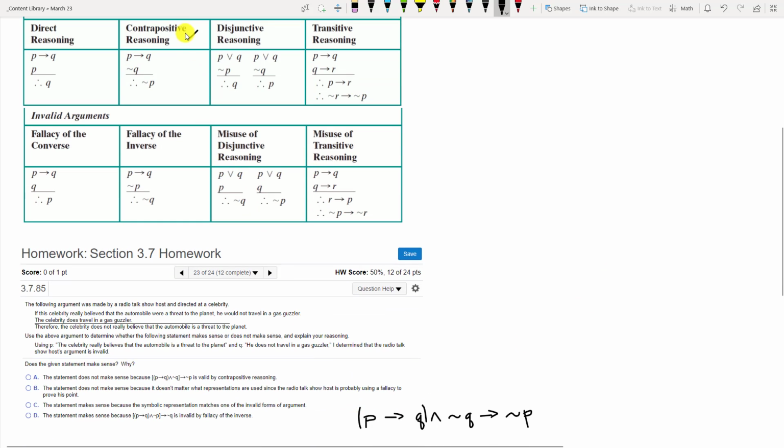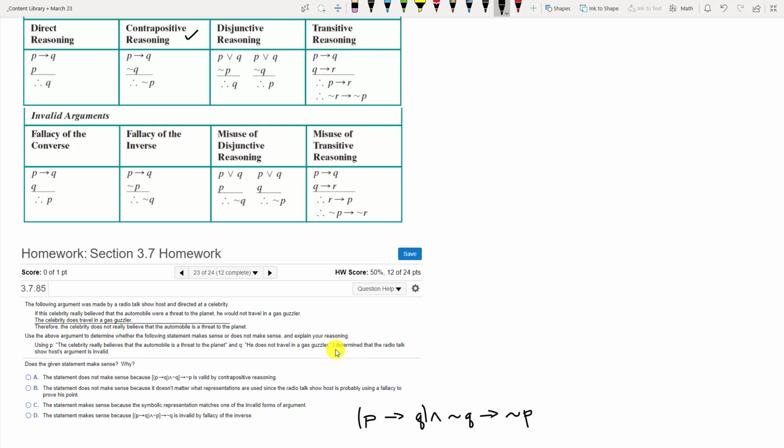Hopefully you see the contrapositive reasoning looks pretty similar to this. We have if P then Q here. Recall the second line is always a conjunction, so there's and then not Q, and then therefore not P. So this statement that we have written down here is contrapositive reasoning. So the statement is valid.